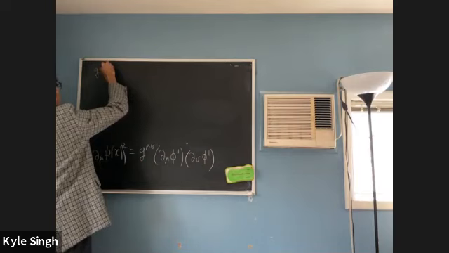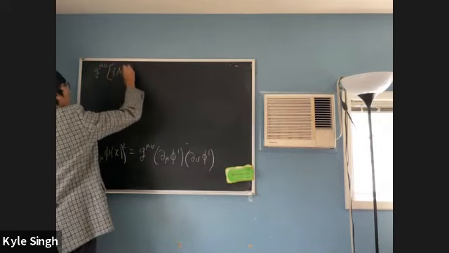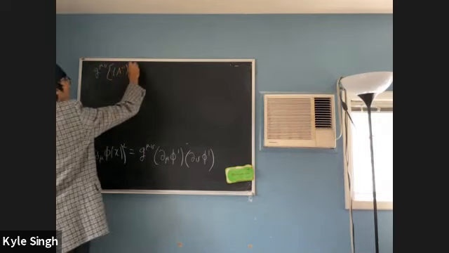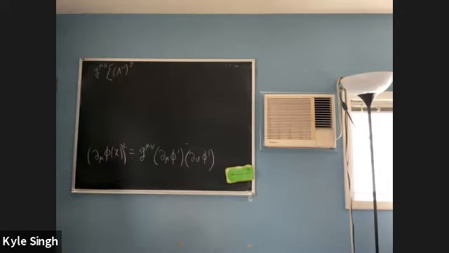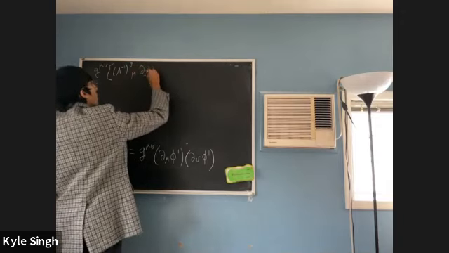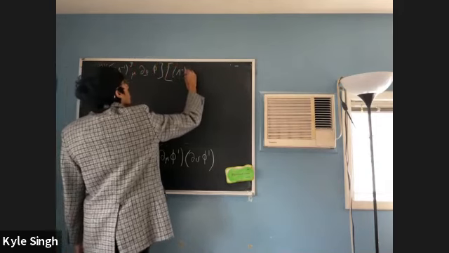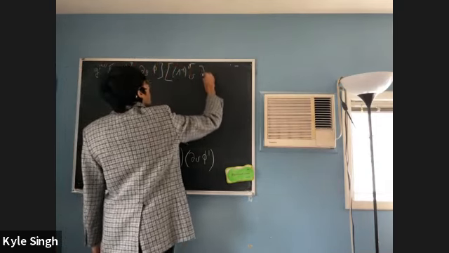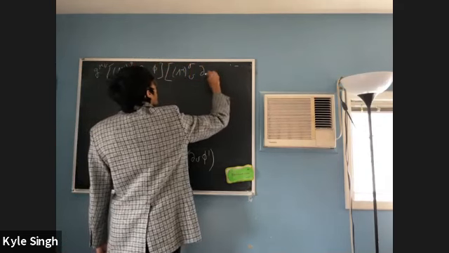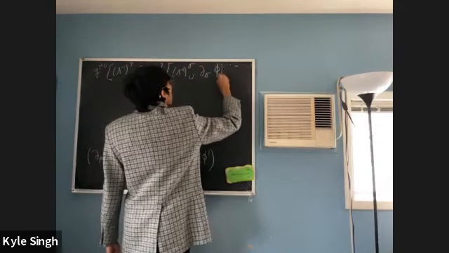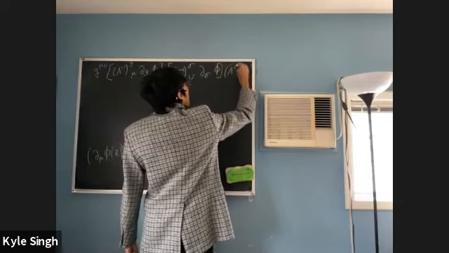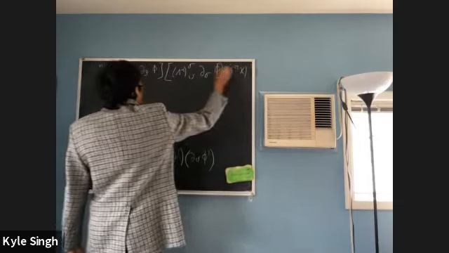g^μν (Λ^-1)^ρ_μ ∂_ρ φ. Ooh, what do I want to do? These are dummy indices, so sometimes you need to work it out in your head. (Λ^-1)^σ_ν ∂_σ φ, all times Λ^-1 x, because this goes to the φ.